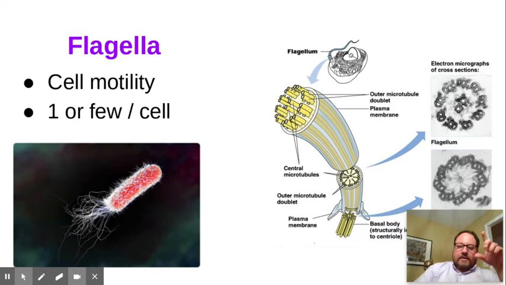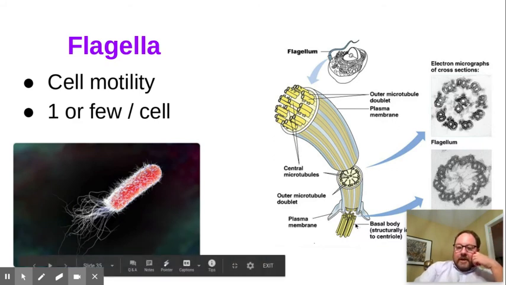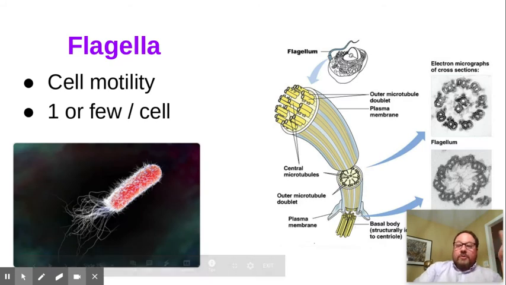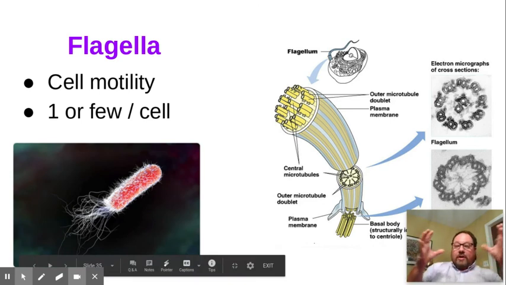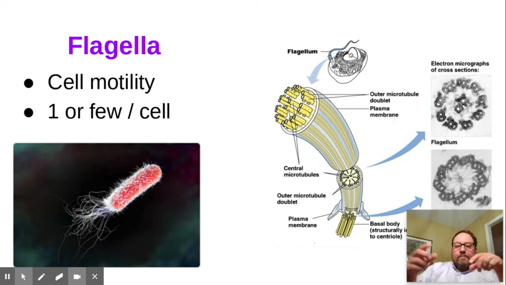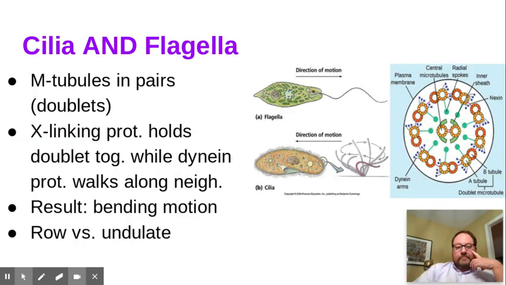A lot of times cells will have one flagellum or just a few. But again, you've got this basal construction that's identical to a centriole. So you can see how, with evolution, you start off with division of the cells, but then you can repurpose these proteins and rearrange them into doublets rather than triplets. And then you can create these structures that are motile.